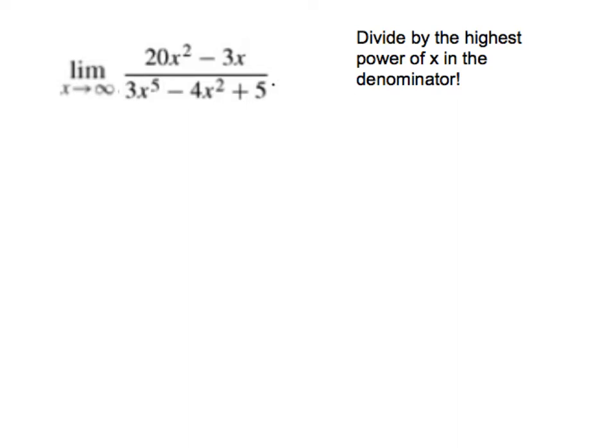So we're going to divide by the highest power of x in the denominator. So it's the division problem. We acknowledge that x to the 5th is the largest term in the denominator. So we're going to divide every single term in this rational function by x to the 5th. And rather than writing it as a division problem, because that can look a little bit messier, I'm going to write it as multiplication of x to the negative 5th.